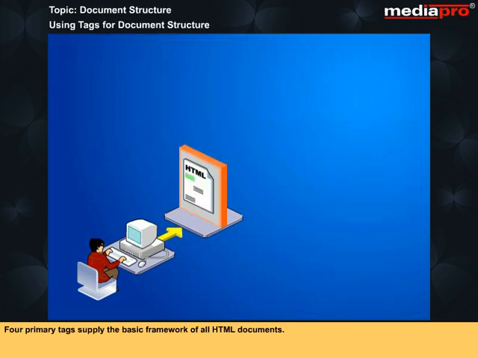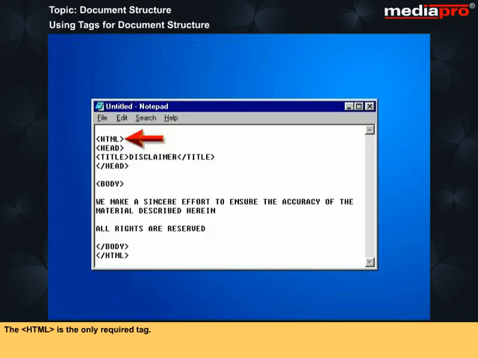Four primary tags supply the basic framework of all HTML documents. The HTML tag is the only required tag. It declares that the document should be recognized as an HTML document. It is followed with tags to create head and body sections.